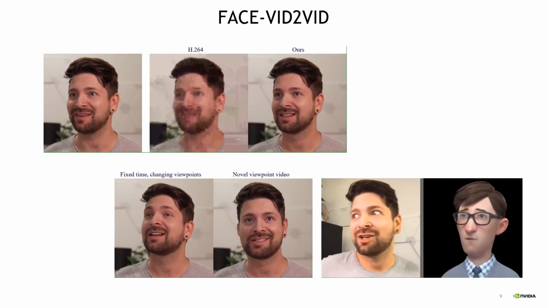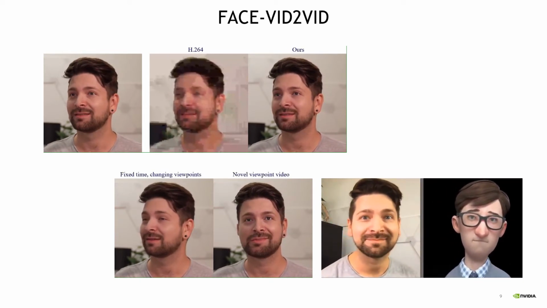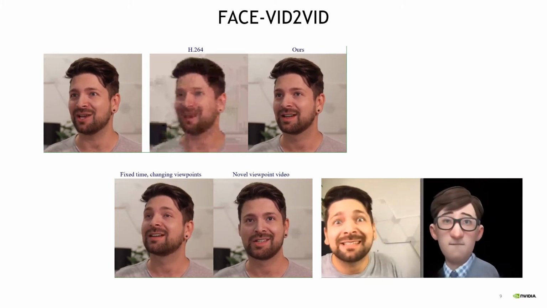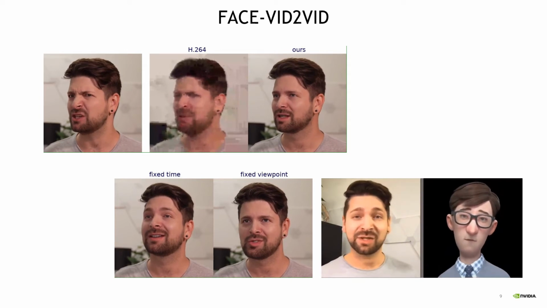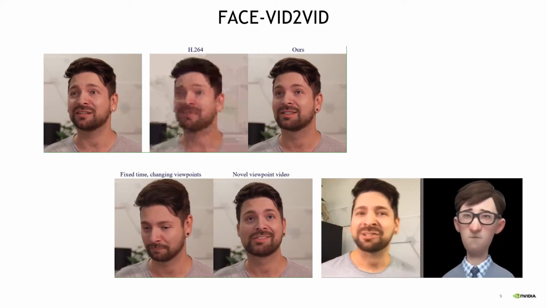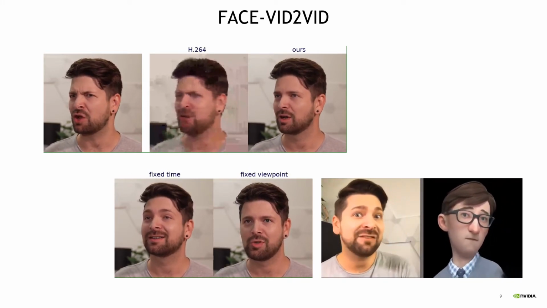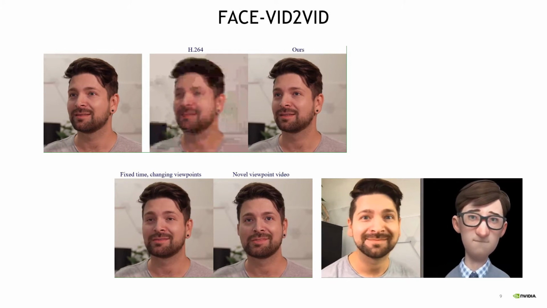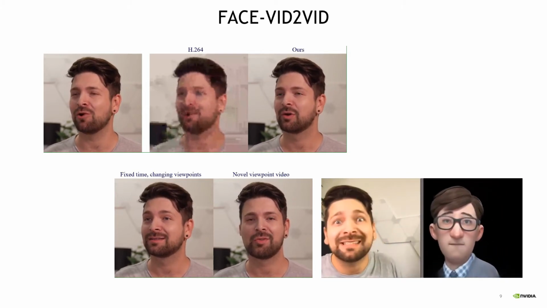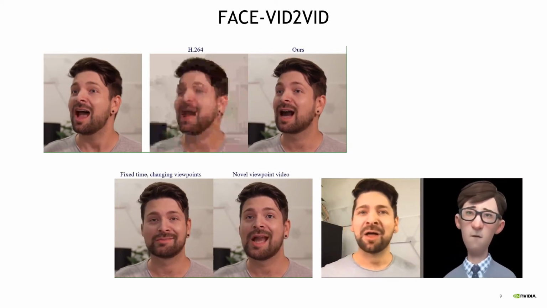The Face-VID2VID algorithm can also be used for photo animation. Given a 2D photo of an avatar of a person, we can drive the motion of that avatar using the input video, pretty much transferring the motion from the subject to the character. We are going to show more results and how we achieve it in the following slides.